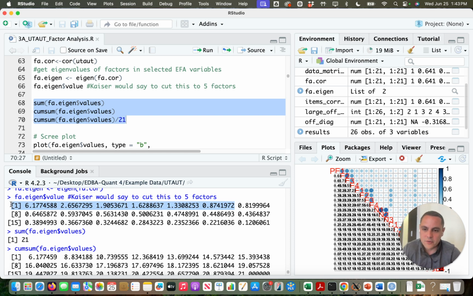Okay, so long story short, we're going to move forward and see what happens if this were exploratory, which it's not. UTAUT is a highly utilized and highly accepted way of understanding usage behavior with respect to IT.